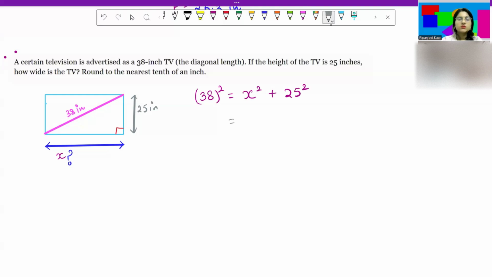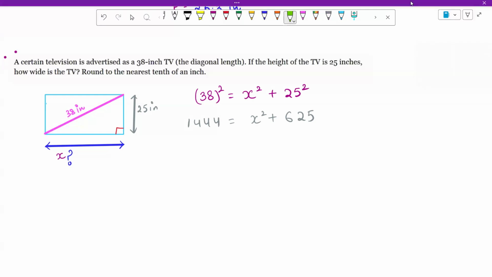So what is it going to be? For 38 squared, it'd be 1,444. And for 25 squared, it'll be 625.